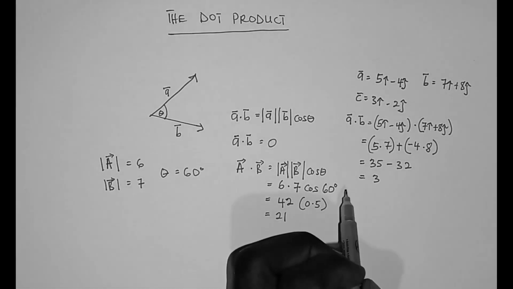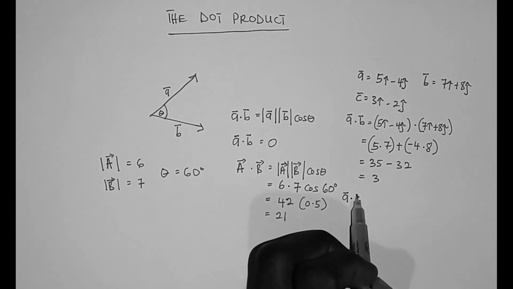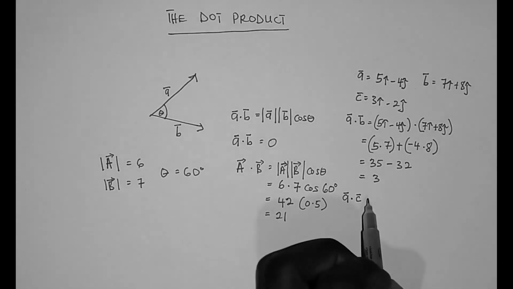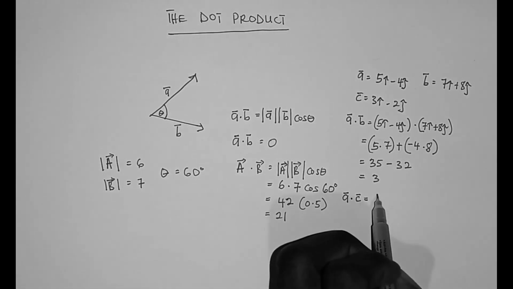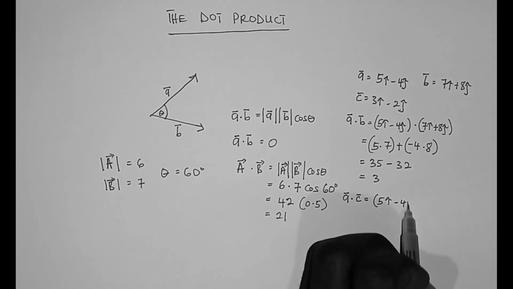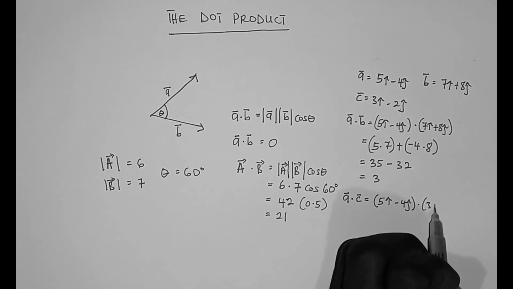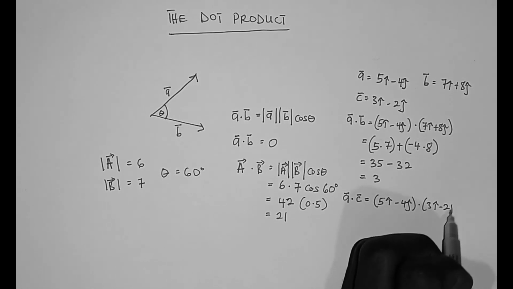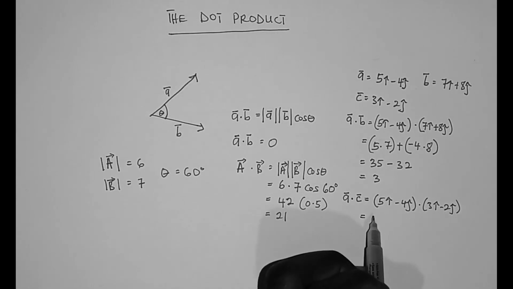Let's find vector A dot vector C. So just like we did in the first part, A is 5i minus 4j, and then vector C is 3i minus 2j. So this is equal to, in one bracket, we will have 5 dot 3.